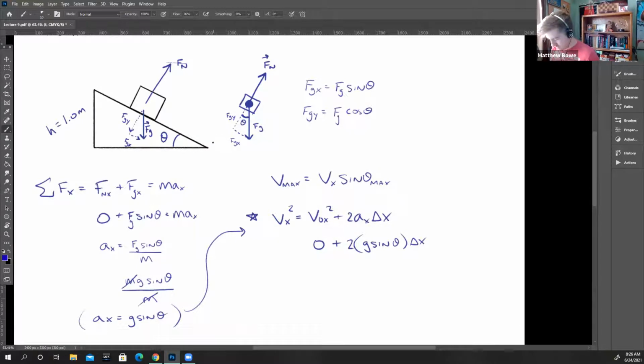We don't know its x final and x initial as it slides down this ramp. But we do have that delta x term, and we have now a sine of theta in this. So we have basically the hypotenuse term, it's delta x, and we have theta of this triangle.